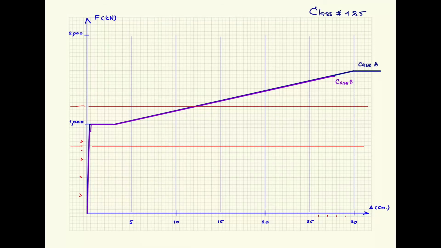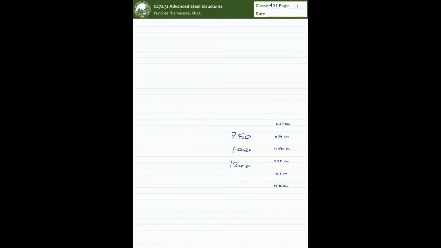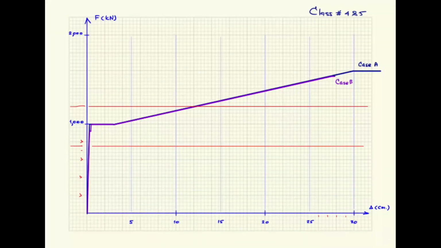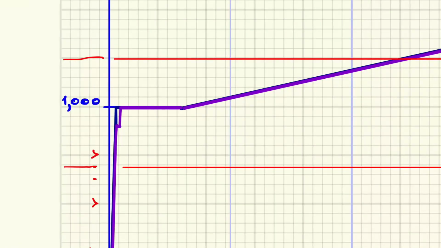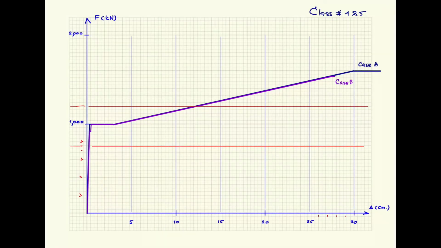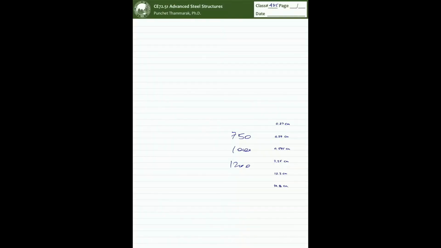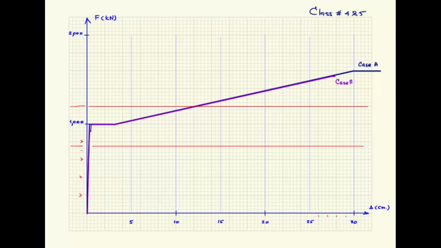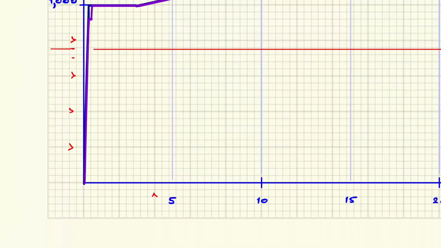And 0.23, 0.27. This is to the left of the given purple line. And 0.6, 4, 3, 2, 1.